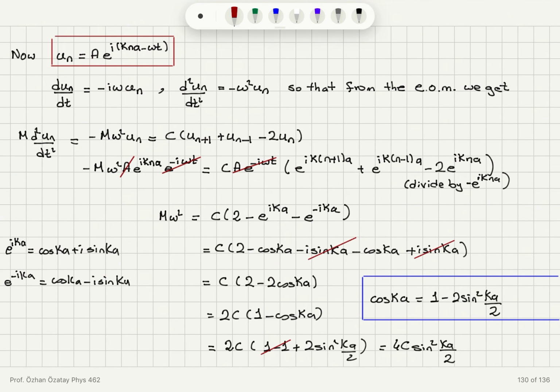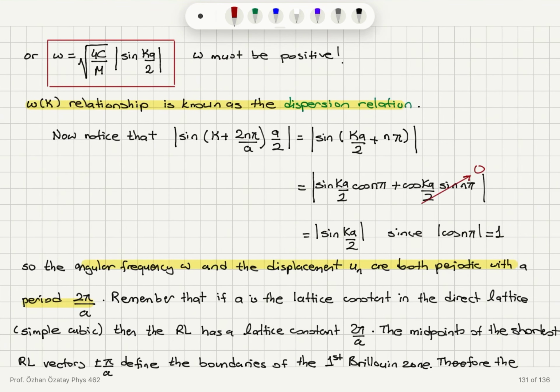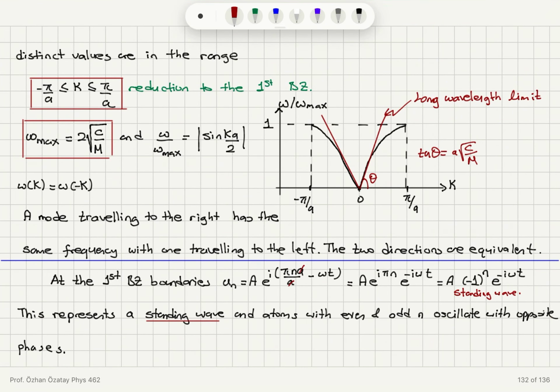And when we substitute the solution into our equation of motion, we find the oscillatory omega versus k relationship, that is the dispersion relationship. This suggests that there is a maximum omega when k is equal to pi over a or minus pi over a, and it's 0 when k is equal to 0. And in the long wavelength limit, the relationship becomes linear.